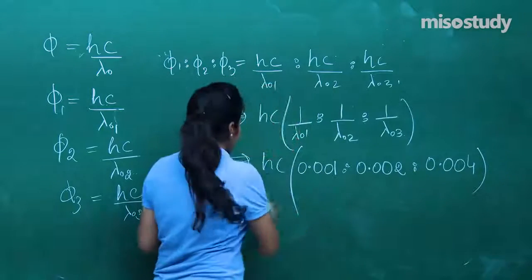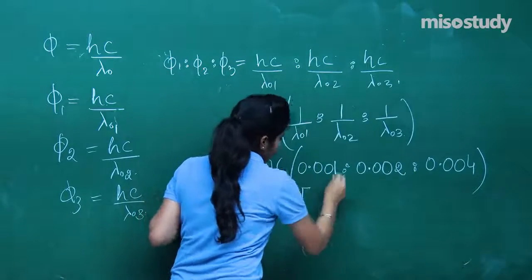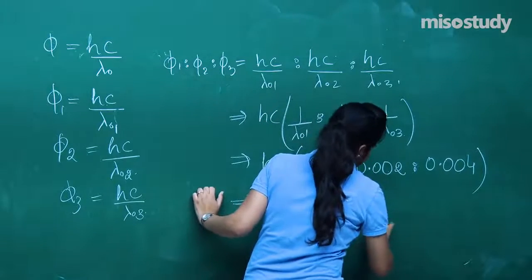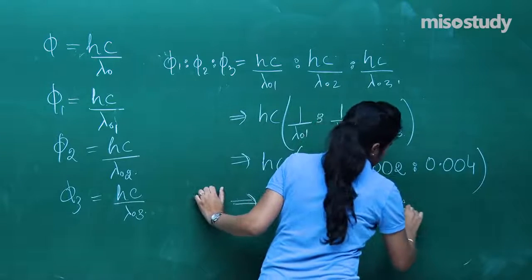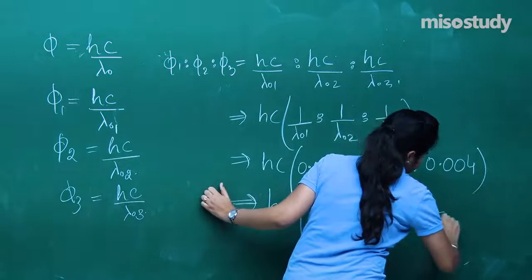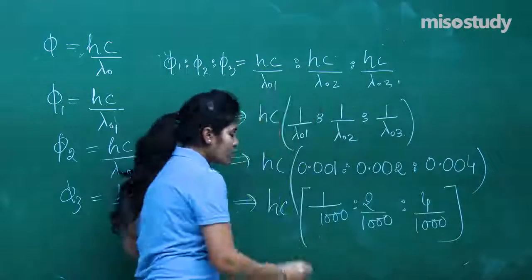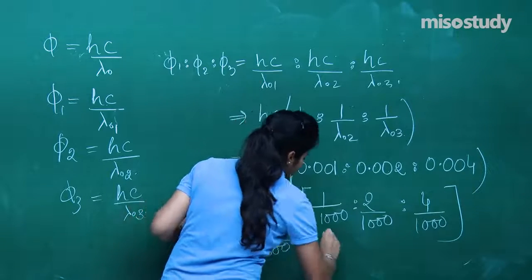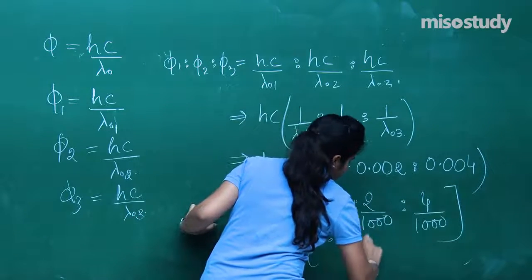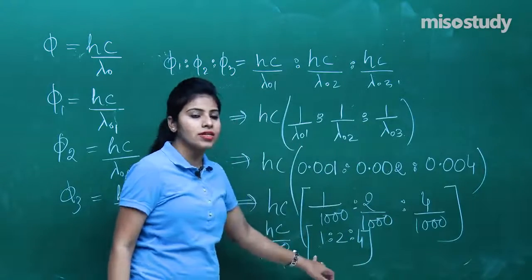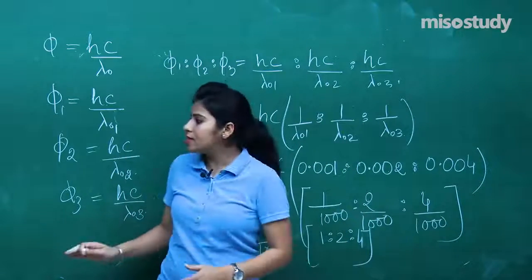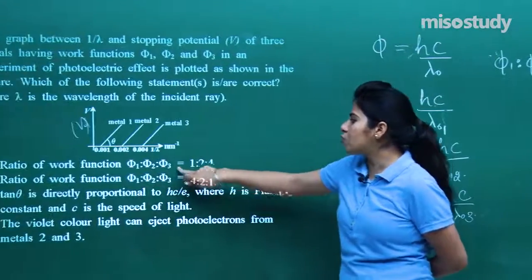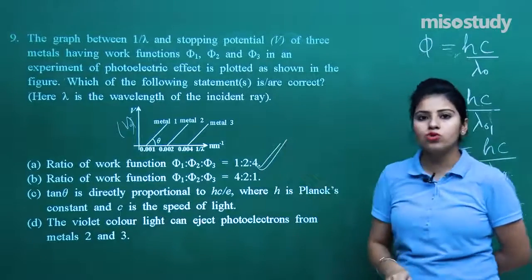So from here you can take HC by 1000 as common, and you have 1:2:4, so the relation is 1:4. Now let us see, is there any option? Yes, the ratio of phi 1, phi 2, phi 3 has come out to be 1, 2 and 4.